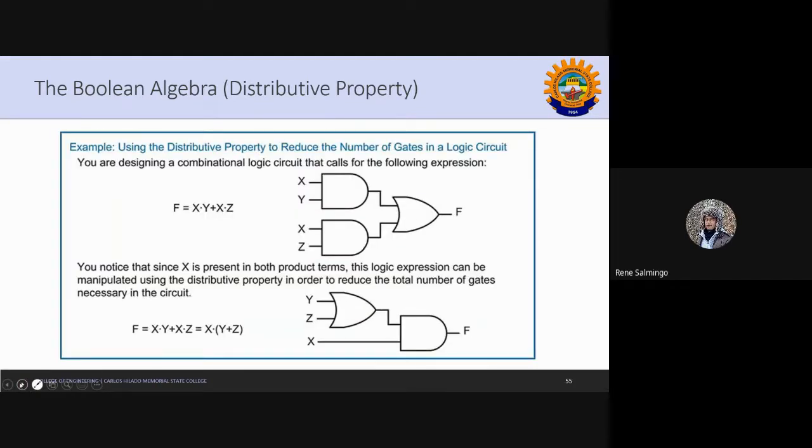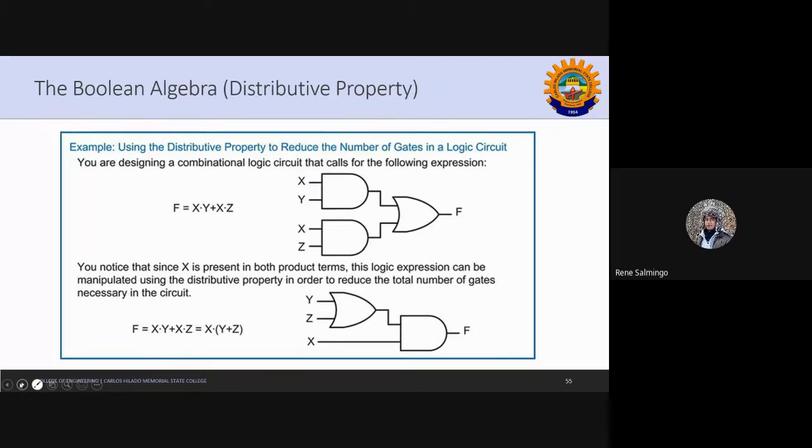Now we have another example. For this, we have x and y, and you also have x and z, but you are able to reduce this into a simplified function.